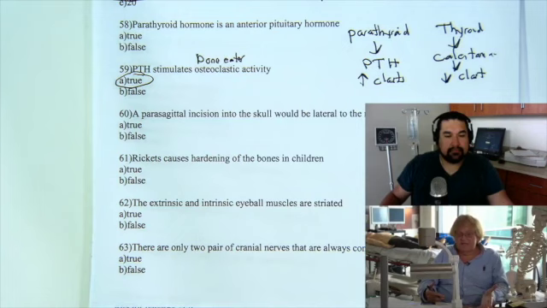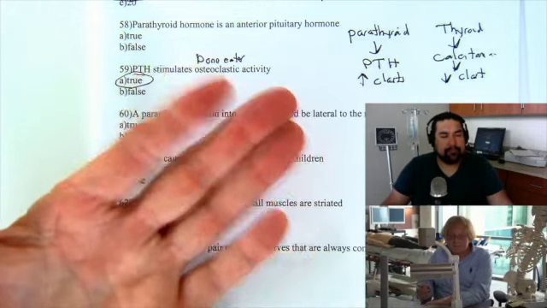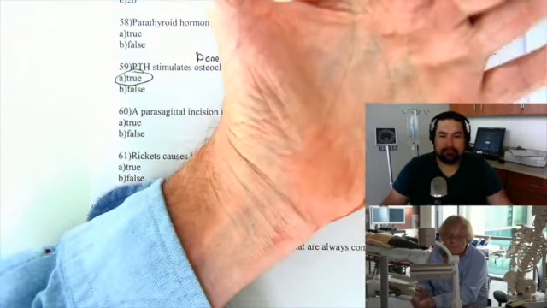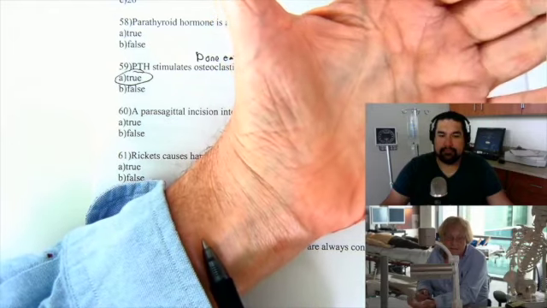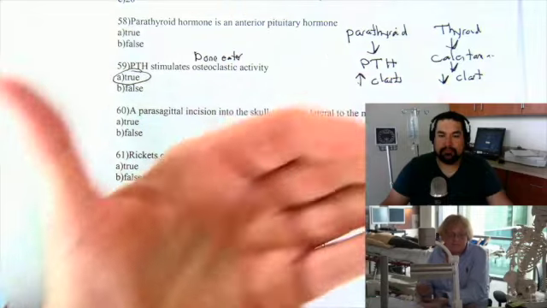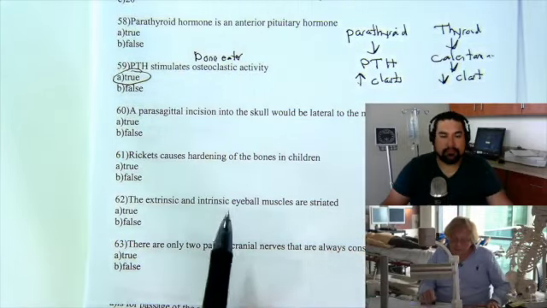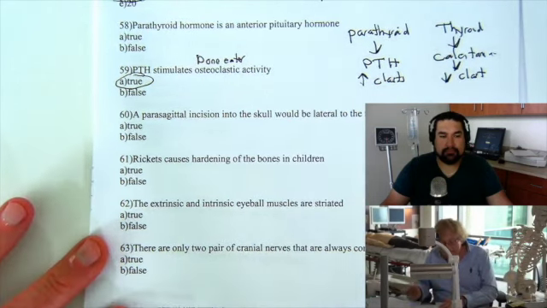Intrinsic is the same thing. Intrinsic muscles are totally inside of the hand, like when I'm doing that. These muscles are totally inside of my hand. If I'm doing this and flexing, I can see the muscle is outside of my hand. That's an extrinsic muscle, that's an intrinsic muscle. So therefore, when we're talking about the eyeball, the eyeball is going to have extrinsic and intrinsic.